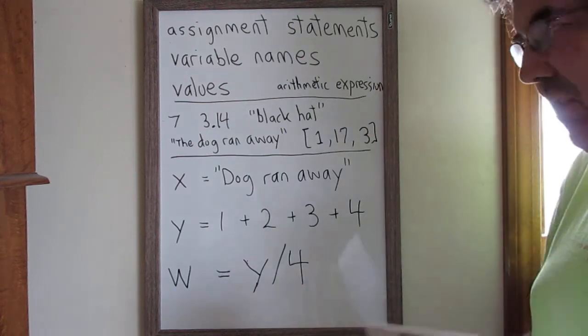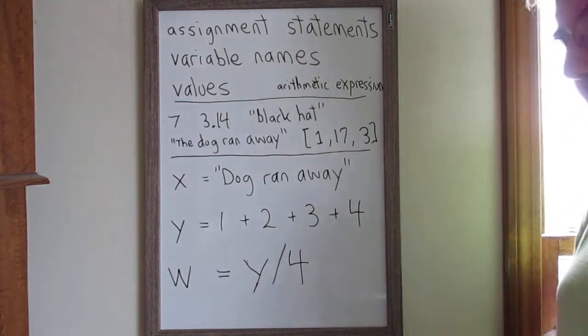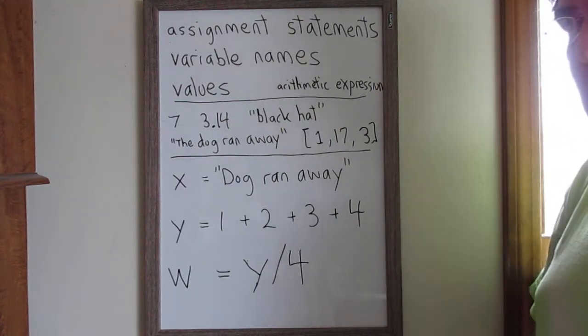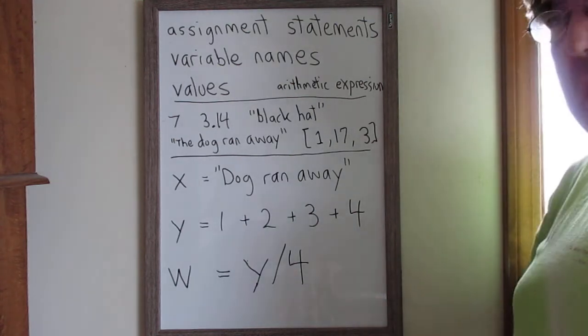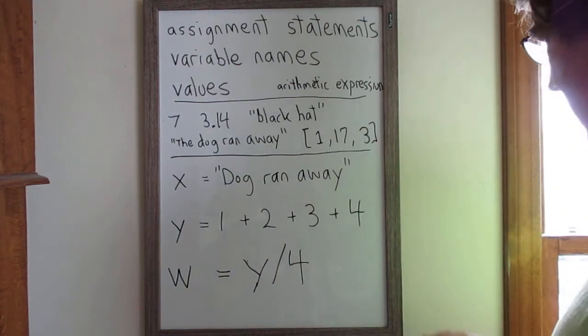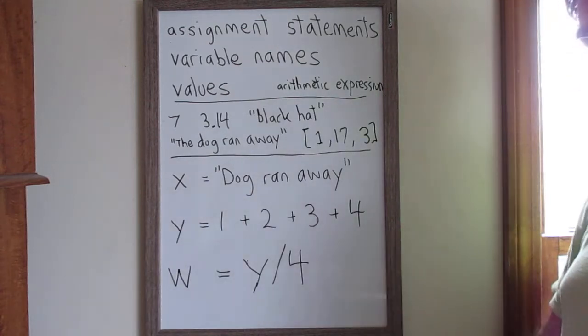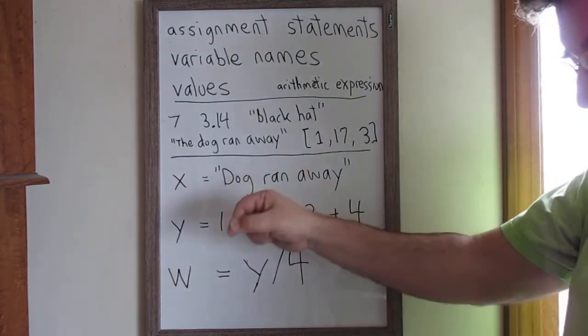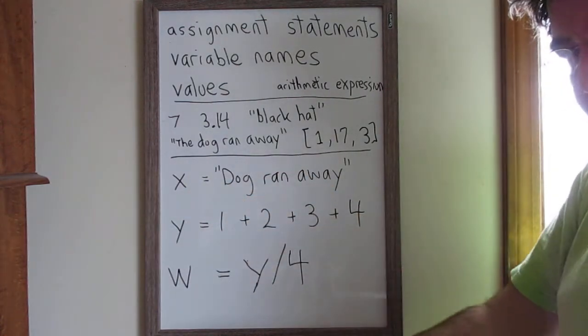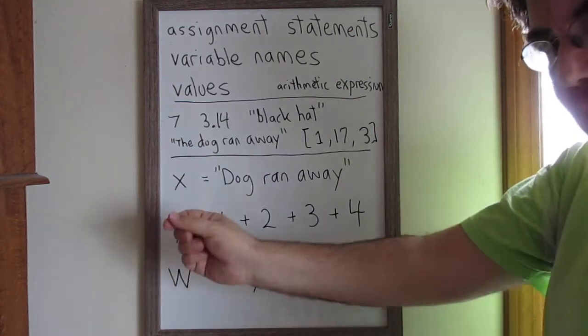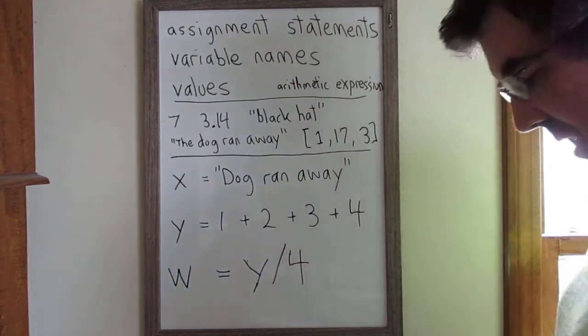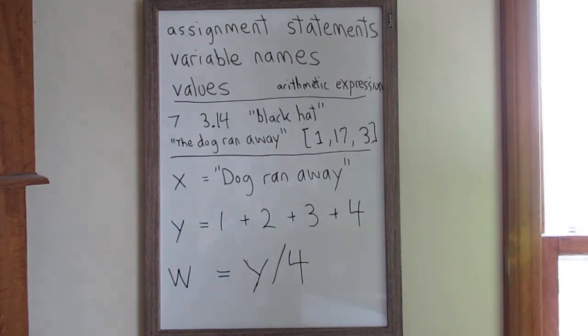So variable names are kind of like bookkeeping. Think of it that way. They're kind of like putting pieces of tape on different pages in a book to keep track of certain pages. A bit like that.